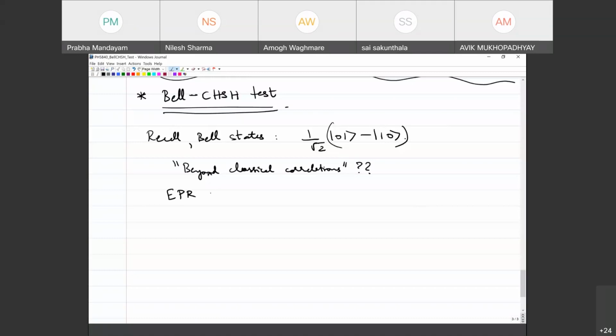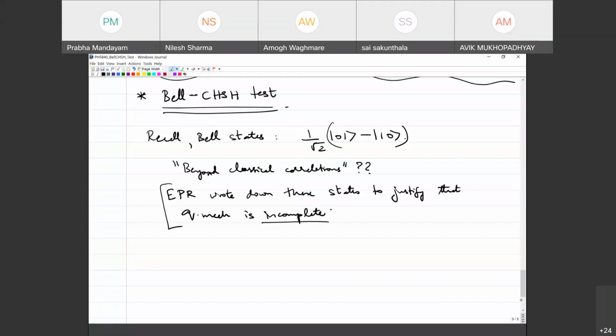So they wrote down these states to justify that quantum mechanics, as it was then, is incomplete. And their argument was as follows. So you write down such a state.